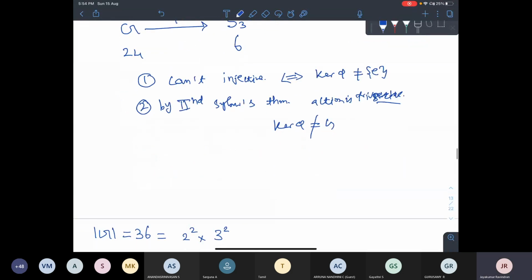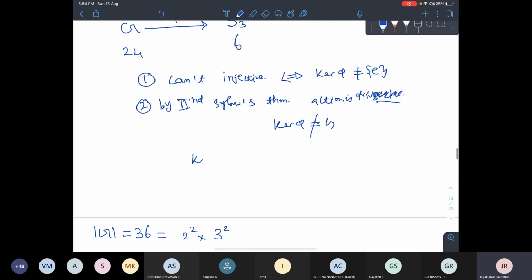Do you remember? I will recall the fact. The kernel of the action, same as the kernel of phi, the associated map, is nothing but the intersection of stabilizers of x, where x belongs to X. In our case, the stabilizers of H, where H belongs to X. Okay, there are 3 stabilizers.